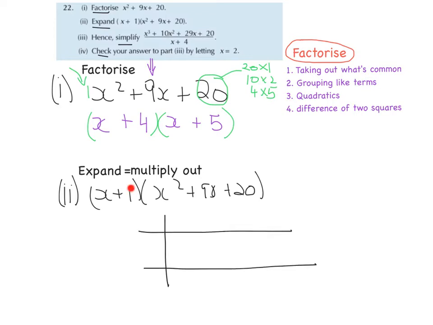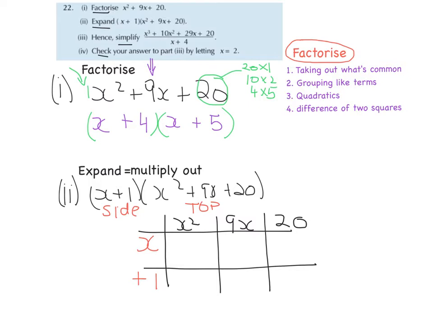Along the side here, remember doing this, we wrote side and top. Okay, so along the side here I'm going to have an x and I'm going to have a plus 1. And on the top here I'm going to have an x squared, a 9x, and a 20.